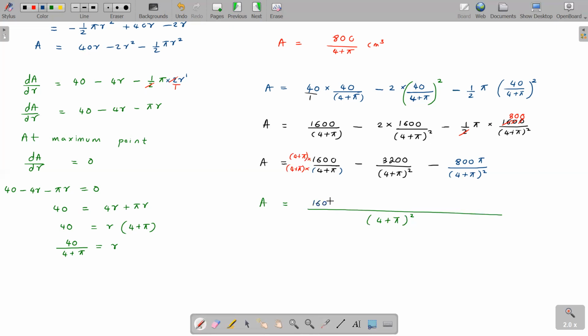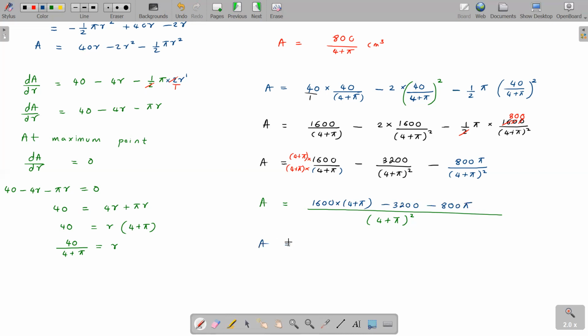So 1600 multiplied by 4 plus pi. The other two already have a 4 plus pi square, so do we need to change anything here? No. So I can directly go minus 3200 minus 800 pi. So now work on this.